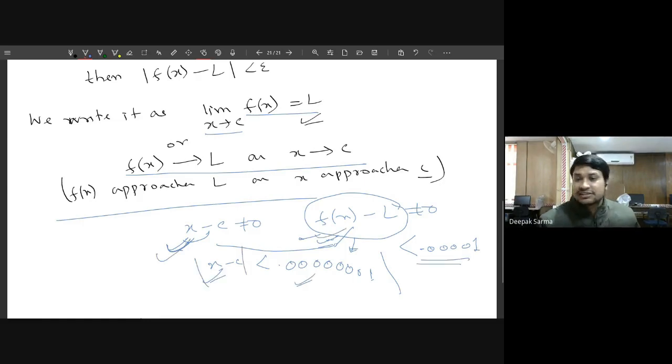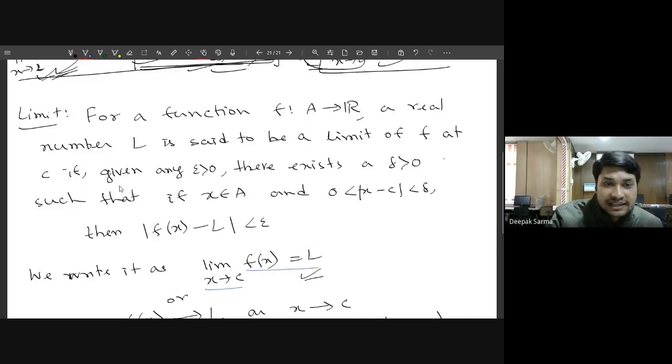Mathematically, how do I write it? If you give me any epsilon, do you see it? This is a Greek symbol, which I use instead of some number. If you give me any epsilon greater than 0, a positive number, I can make the difference between f(x) and L smaller than that. How? If you give me epsilon, I can choose another number delta, so that if the difference between x and c is smaller than delta, then the difference between f(x) and L will be smaller than epsilon.